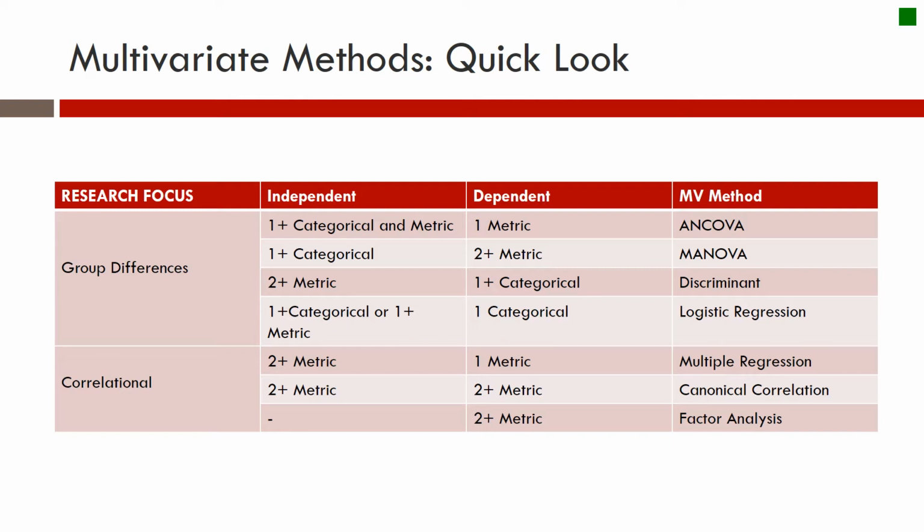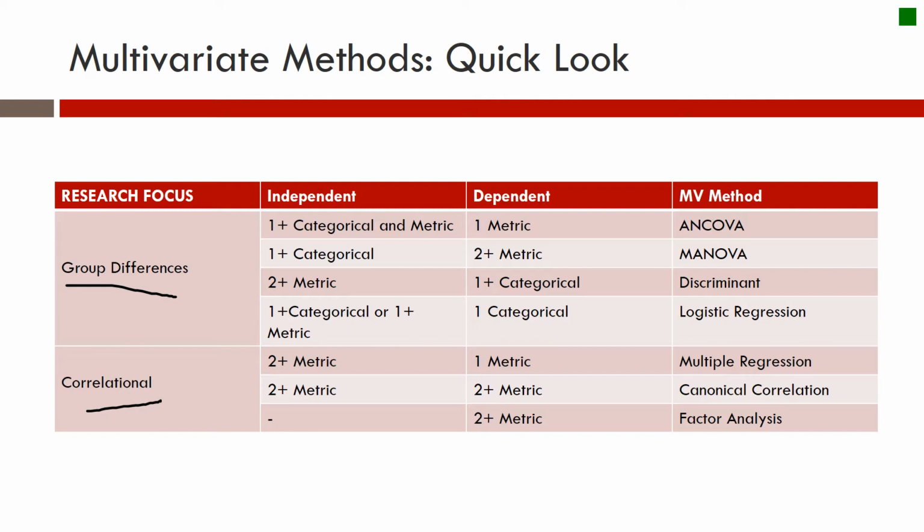Quick look then at an overview might include what we're looking at when we're thinking about how many independent variables we have, how many dependent variables we have, and the type of data that we're dealing with in each one.